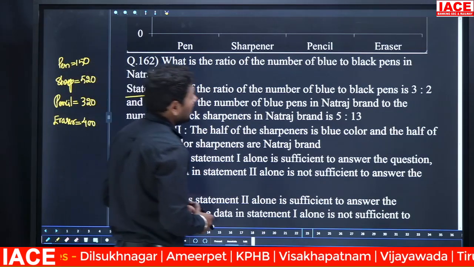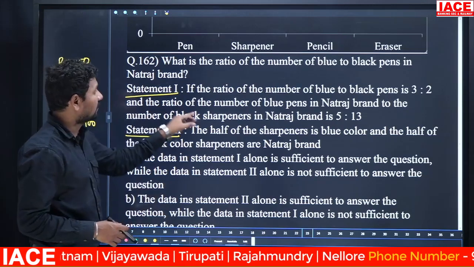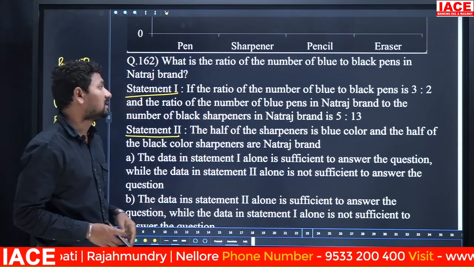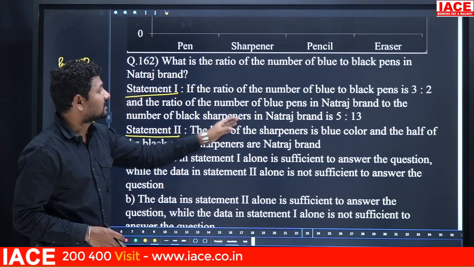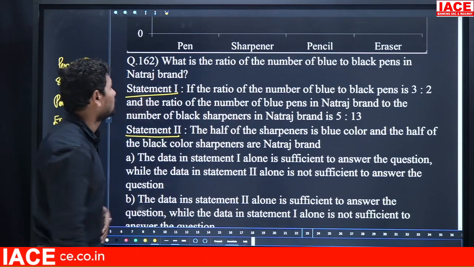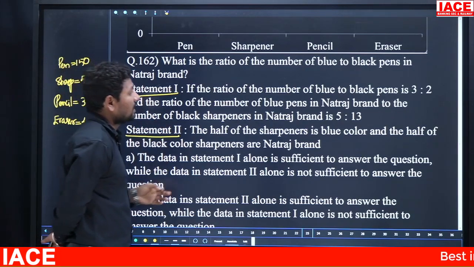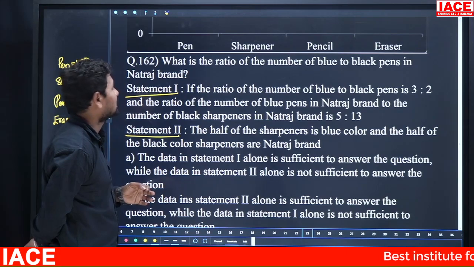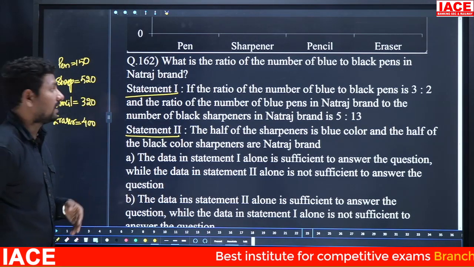If the ratio of the number of blue to black pens is 3:2 and the ratio of the number of blue pens in Nataraj brand to the number of black sharpeners in Nataraj brand is 5:13. Pens are totally 150. Some are blue, some are black.